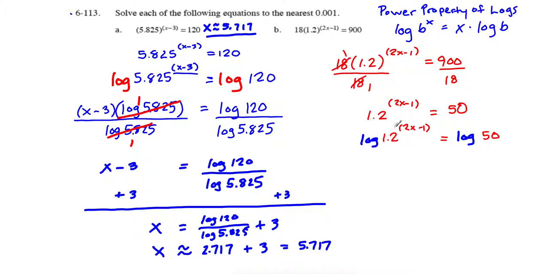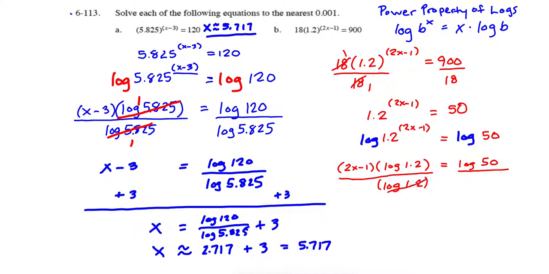So let's get that exponent out of here. So we're going to say 2x minus 1 times the log of 1.2 should equal the log of 50. Let's get the 2x minus 1 by itself by dividing each side by our log of 1.2.